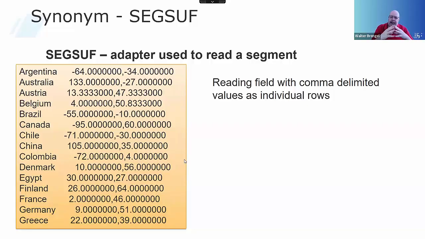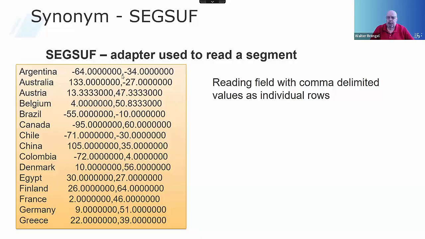So this is an interesting combination. We're going to use that location or the position and use it in conjunction with this seg stuff. So if we look at this file, I have a country and I have latitude and longitude. Simple enough. So I'm looking at 3 fields.